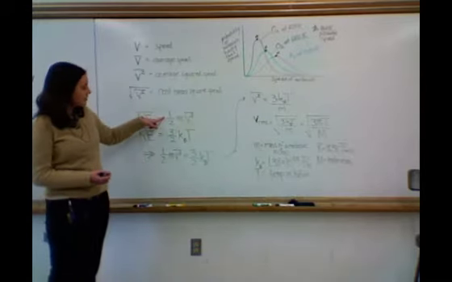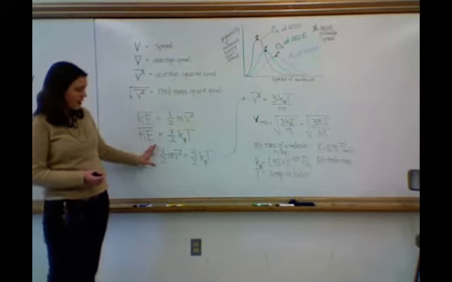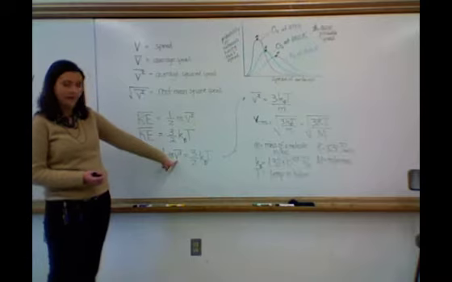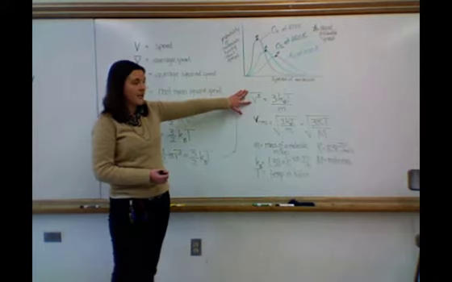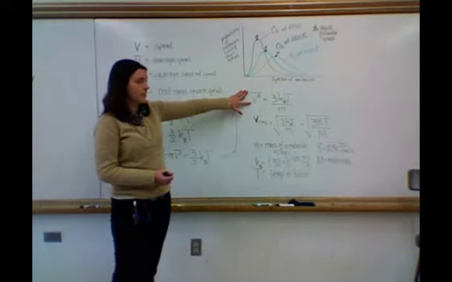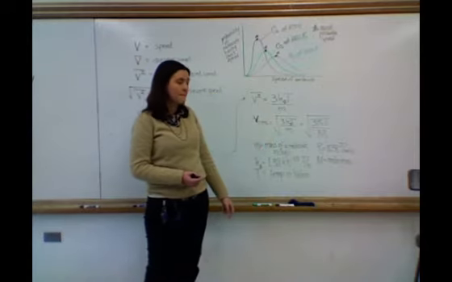And so if you set those two equations for average kinetic energy equal to each other, and you just do a little bit of algebra to rearrange and solve for average speed squared, I did that over here. You get 3 times k times t over m. And then if you take the square root of that, it becomes the square root of 3kt over m.